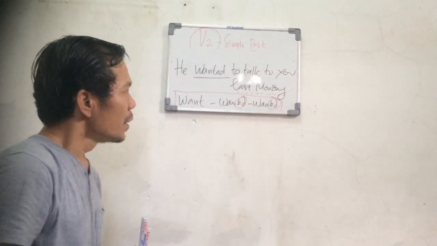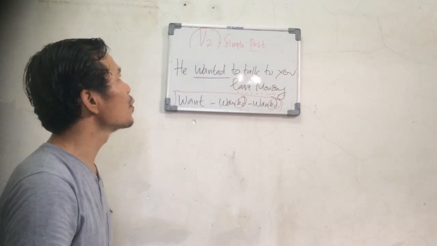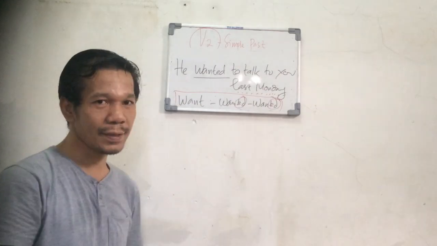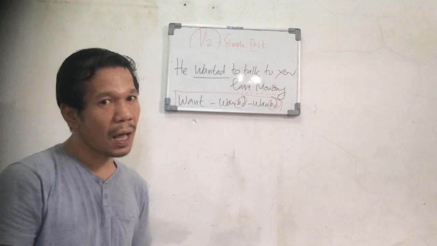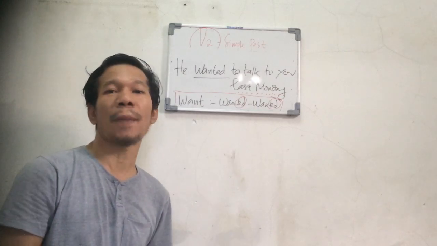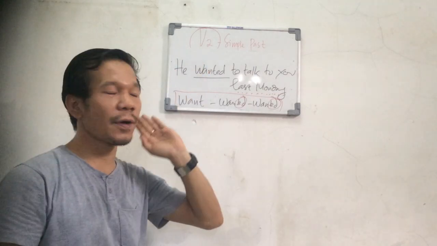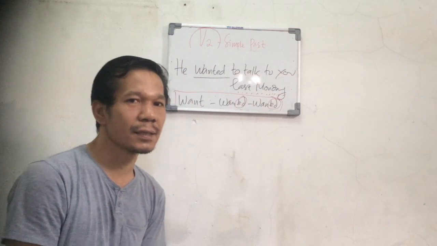Alright, so those 5 examples are examples of using verb 2 in simple past tense. So remember, when we tell other people about our past experience, use verb 2 for the actions.